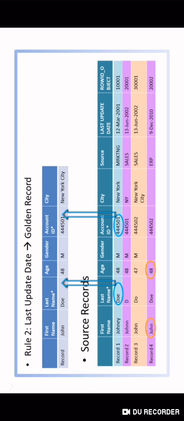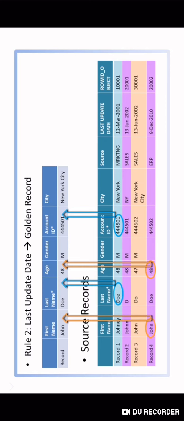The other attributes like gender and city will not be used because a null value will not survive over a non-null value. Hence, the last update date rule for record 4 will be applied for the first name and age attributes because they contain values and can be compared with the other records. First name John from the ERP system, that is record 4, will survive, and age 48 will survive again from record 4 because it has the highest last update date compared to records 2, 3, as well as 1.